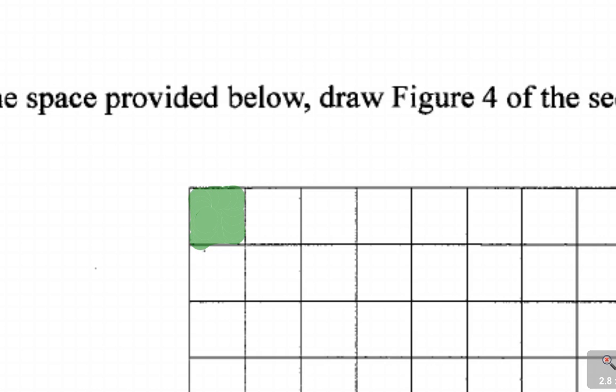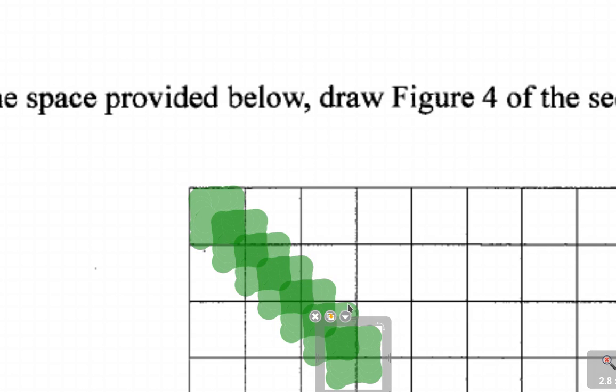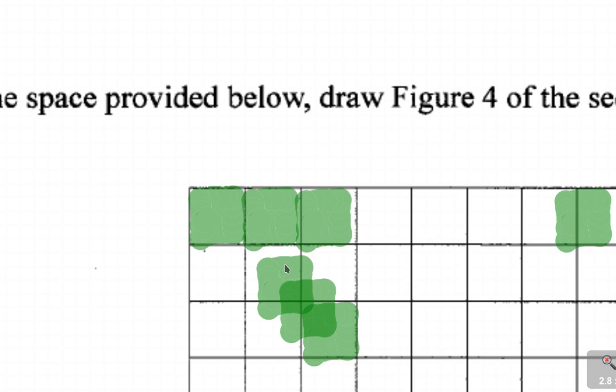So you should have 6 going across. Let me just copy this. Good. We have 1, 2, 3, 4, 5, 6.